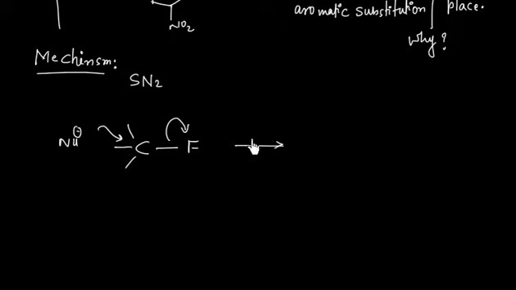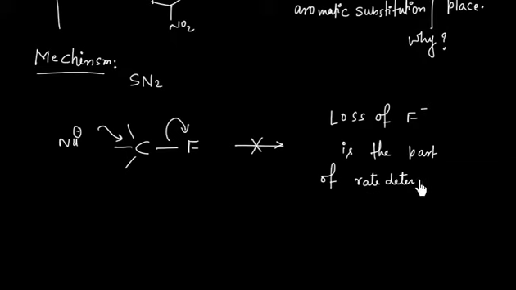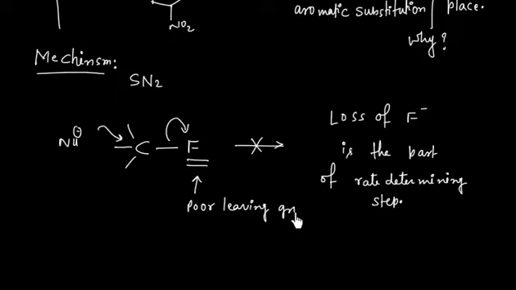So in this case, basically this reaction will not progress. If F minus is a poor leaving group, then this reaction will be slow.